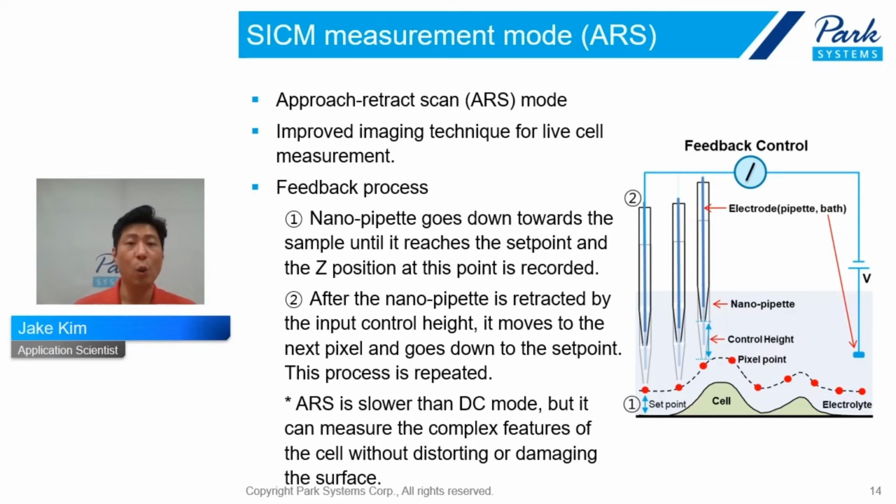It is just one cycle, and this process is repeated while scanning. Of course, the scan speed of ARS is slower than DC mode, but it can measure complex or complicated features of the sample surface without distorting or damaging the sample surface or pipette.